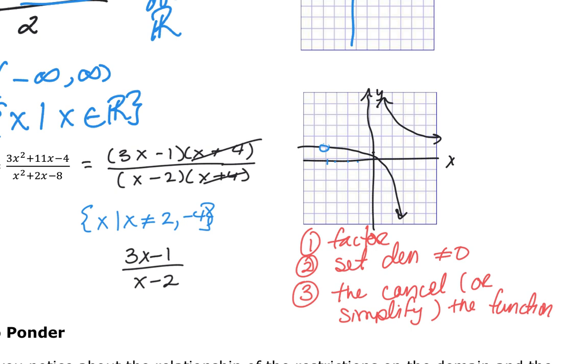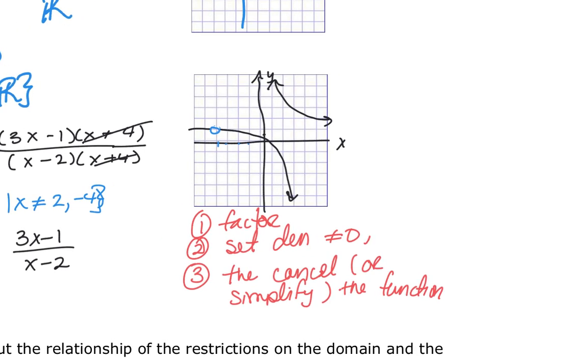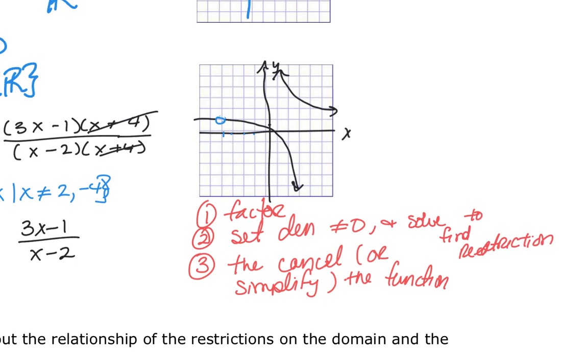If you cancel or simplify the function prior to setting your denominator equal to 0 and solving, then I should probably say and solve to find restrictions, then you are losing some of your restrictions.